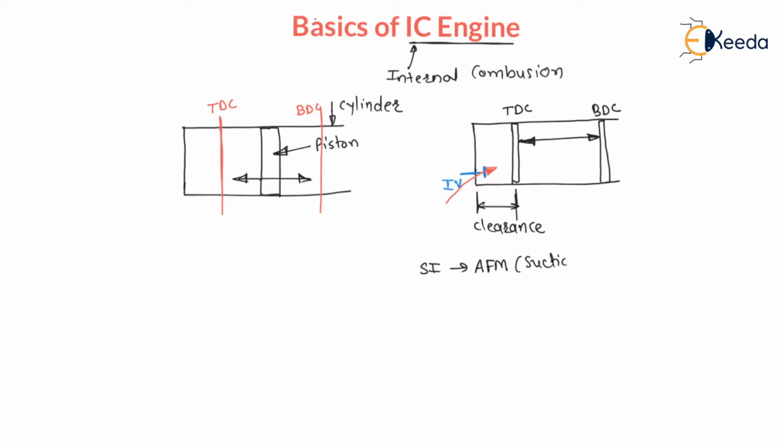SI engine is also called spark ignition engine, which is nothing but a petrol engine, that is petrol is used as a fuel. In an SI engine air fuel mixture is taken in during suction stroke. This we are going to see in detail in SI engine, right?